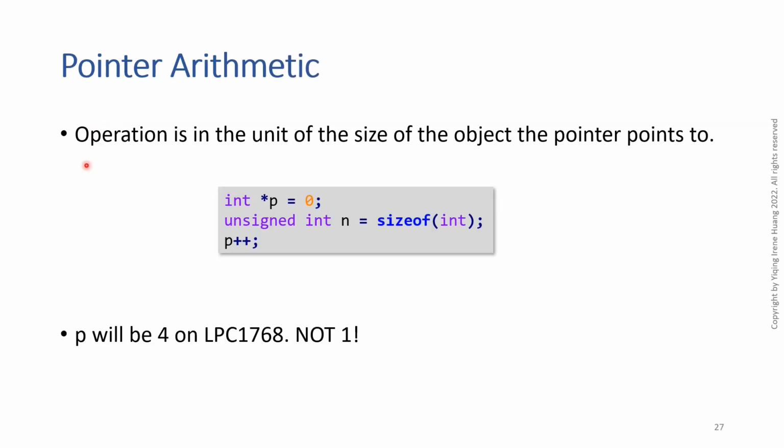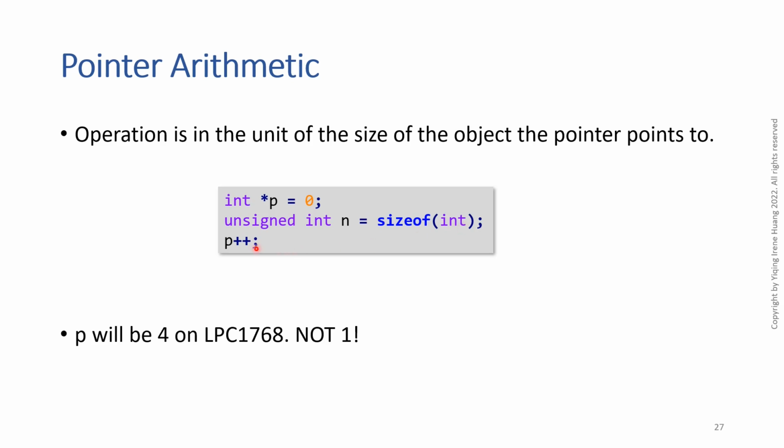Writing a memory allocator involves a lot of pointer arithmetic, and I'm going to share with you some tips. First of all, the operation of pointer arithmetic is in the unit of the size of the object the pointer points to. What do I mean? Let's assume I have an integer type pointer, p, and I give it the initial value of 0. I can use sizeof(int) to get the size of an integer on this board, which is 4.